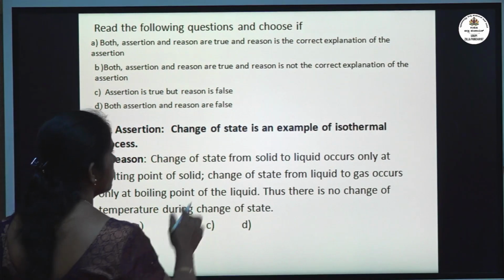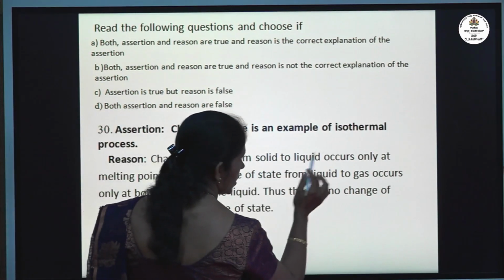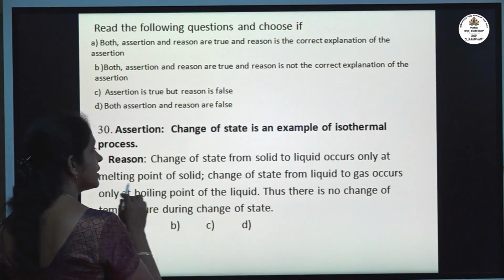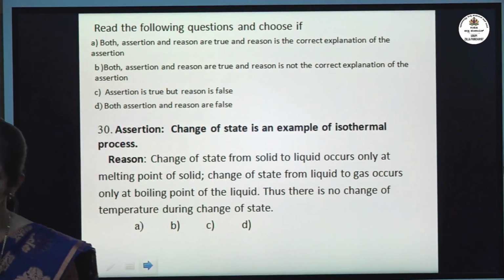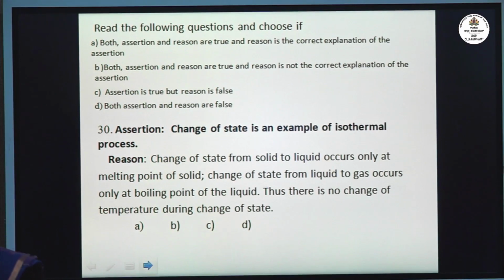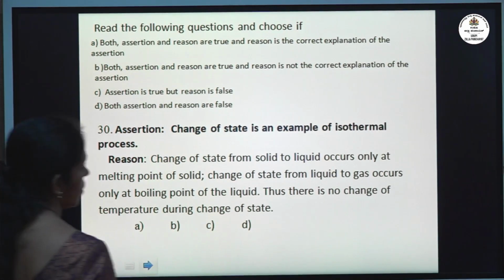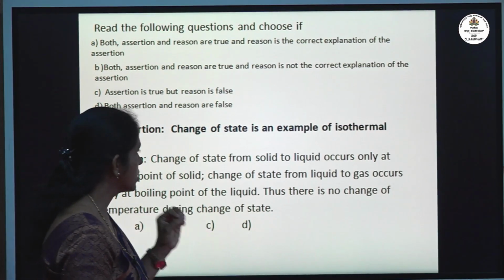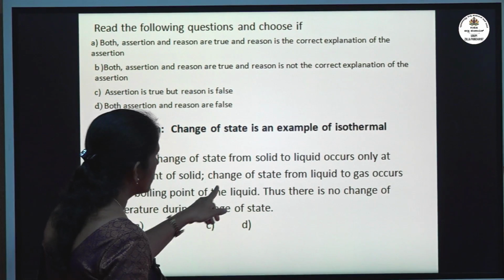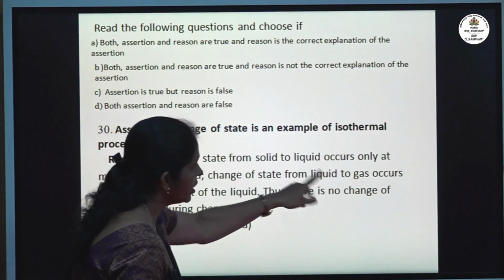Change of state from liquid to solid occurs at the melting point of solid. Pressure and volume change, temperature remains same. The amount of heat supplied is called latent heat. Supplied energy is used to change the state of a substance. This is true. Change of state from liquid to gas.